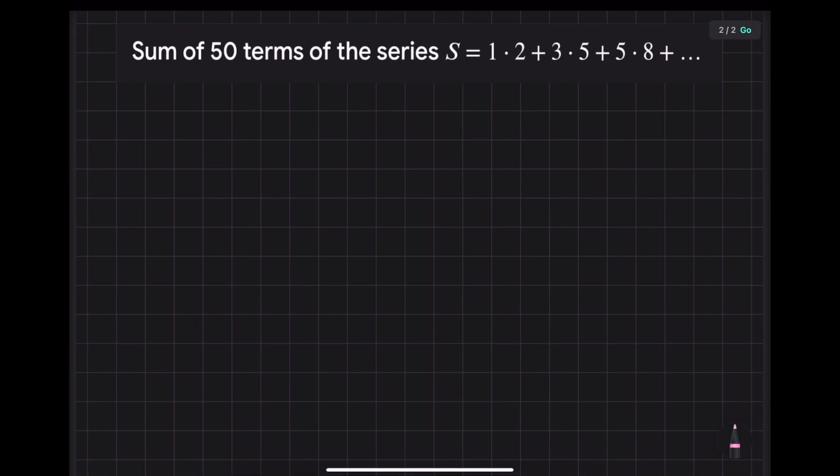The sum of 50 terms of this series. So look at this. Suppose that the sum is S equals 1 into 2, plus 3 into 5, plus 5 into 8, and so on. We have to find the sum of 50 terms. If you observe, it is not AP, not GP, not HP, not AGP.